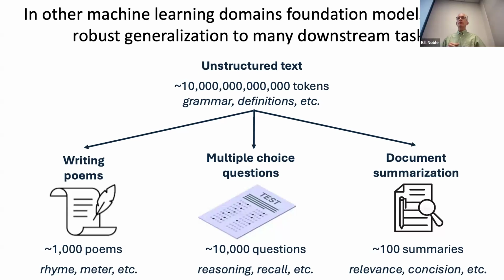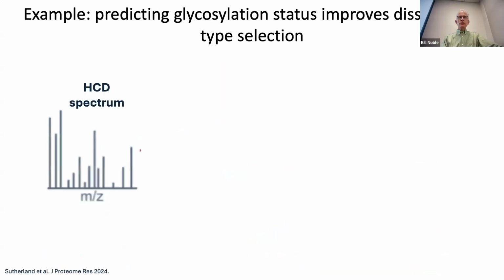So you can use it for writing poetry, answering multiple choice questions, doing document summarization. And often this can be done with very little training data because there's so much prior knowledge incorporated in that pre-training stage. And so the hypothesis in our case, in Justin's case, was maybe we could do the same thing for the kinds of tasks that people do apply to mass spectra.